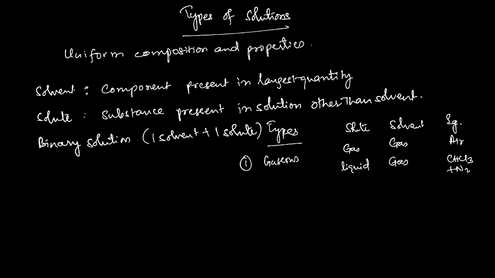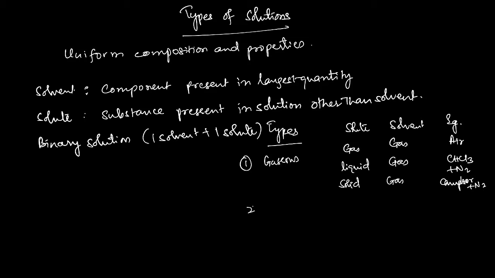So it forms a uniform mixture that is called a binary solution. Now solute can be solid also, and solvent can be gas. Example is camphor and N2 gas. So they both form a homogeneous mixture.